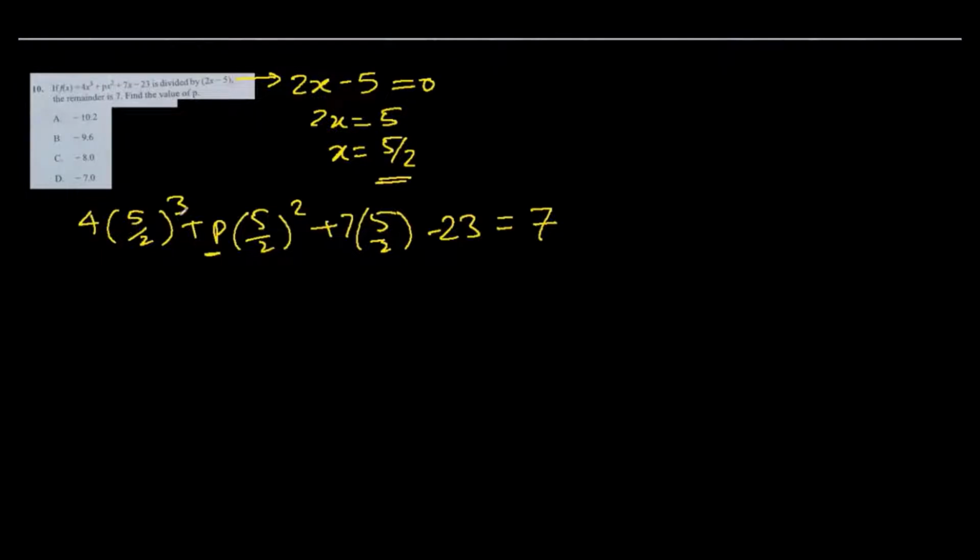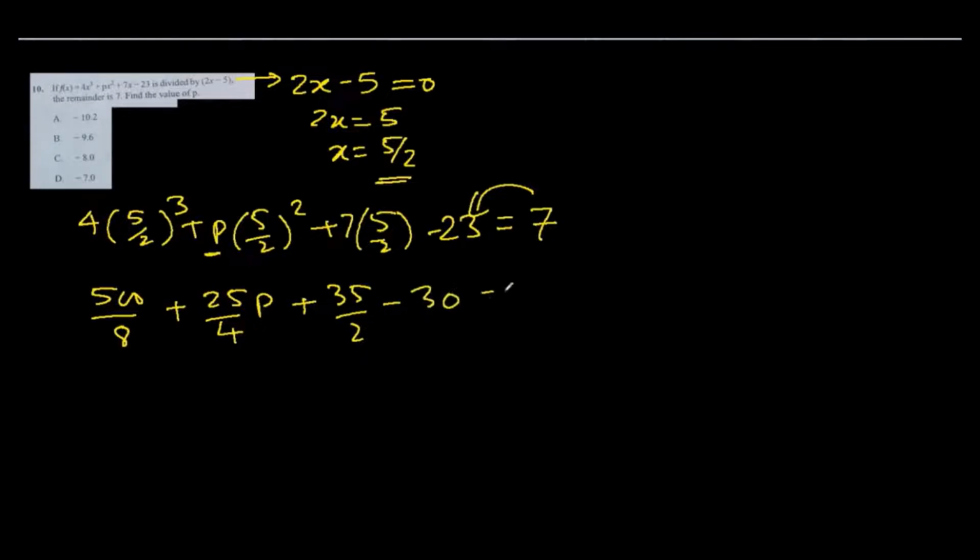So let's write here 125 multiplied by 4 is 500 over 8. Then it will be 25 over 4 p, then 35 over 2 minus, okay, let's bring 7 also this way, so it becomes how much?